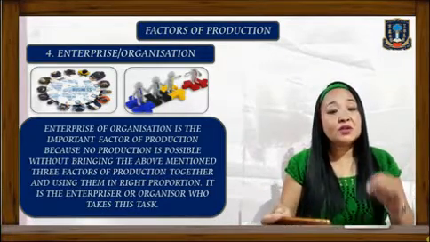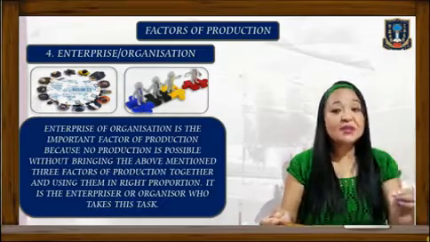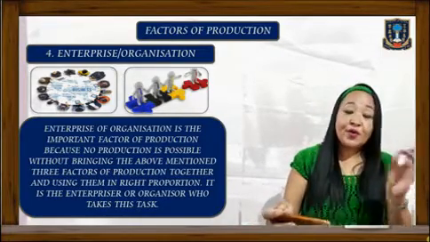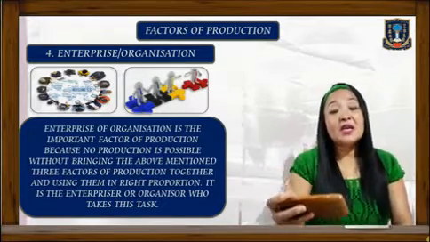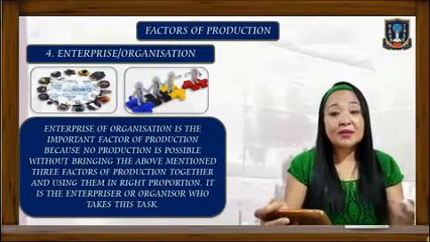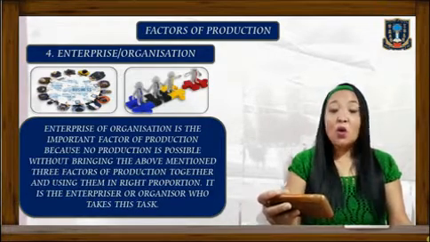This enterpriser, or entrepreneur as you can also say, or organization, is a very important factor of production. So these are the four factors of production that I said just now: land, labor, capital, and organization.